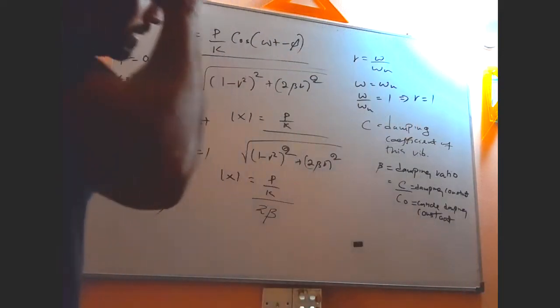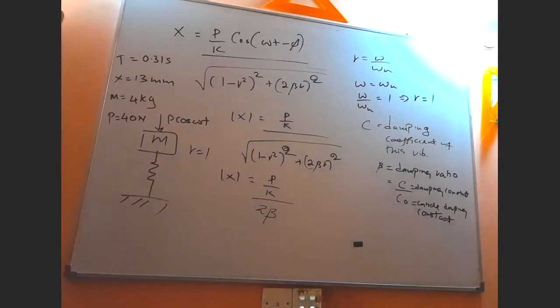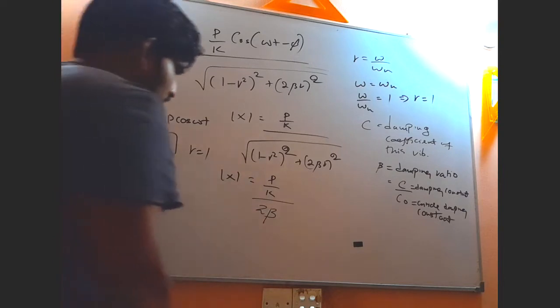And how can we find C naught? First, let's evaluate what beta is.